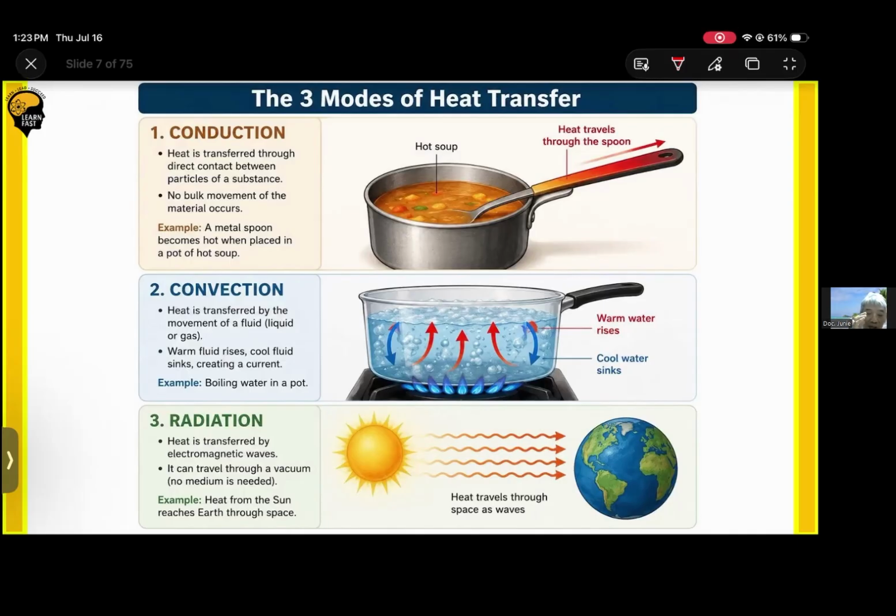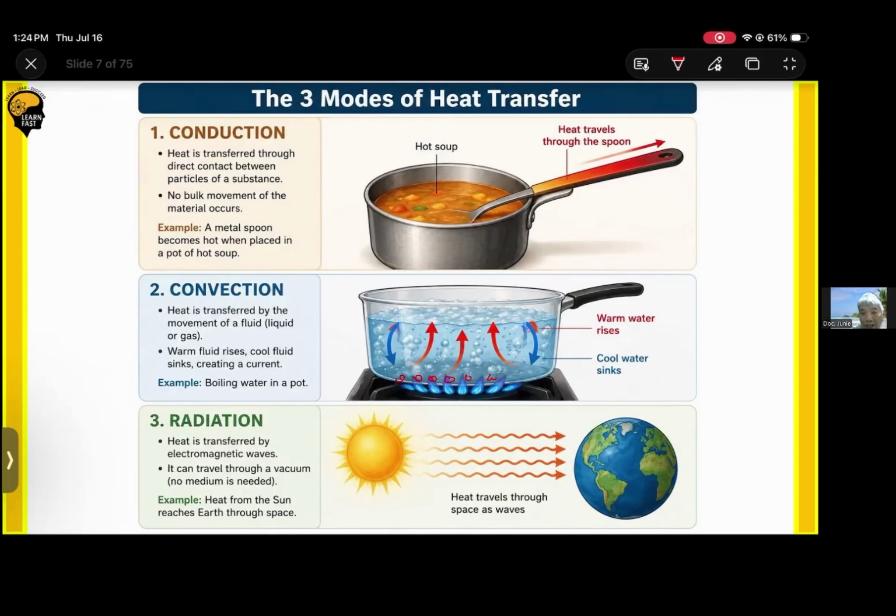Now, how would you understand heat transfer by convection? In convection, heat is transferred by the movement of fluid, liquid or gas. Warm fluid rises. The molecules closer to the heat source are the molecules at the bottom. You would see there are red arrows. The red arrows tell us that the heated molecules are less dense, so they will tend to move upward.